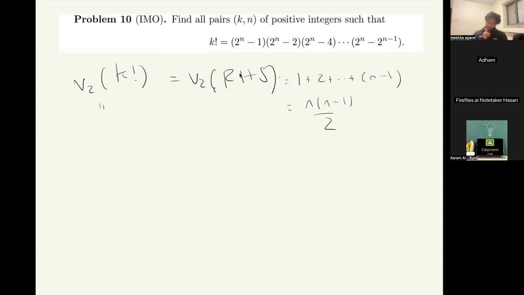And for this one, it'll be some number, but the valuation here is less than n and more than n minus 1 over 2. That's what our inequalities say, right? It's somewhere around n, basically.